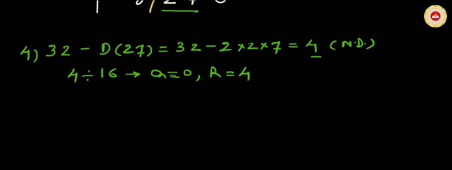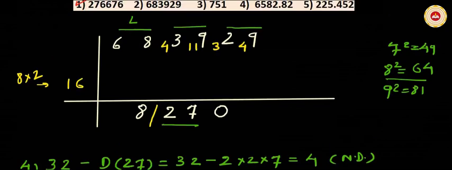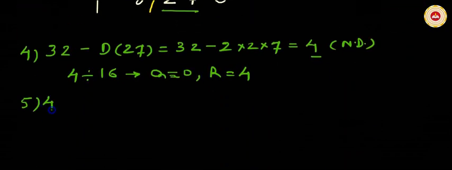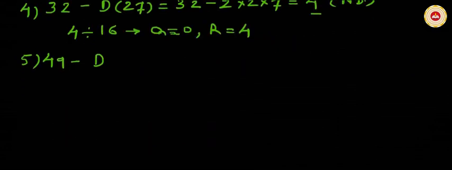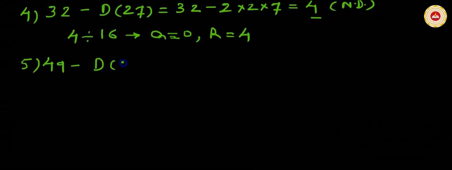So step number 5. Step number 5 is, what is gross dividend? 49. 49 minus duplex of quotient digits. Now join this 0 to this 2 and 7 and it will become 270, and calculate duplex of this 270. 270, 3 digits.